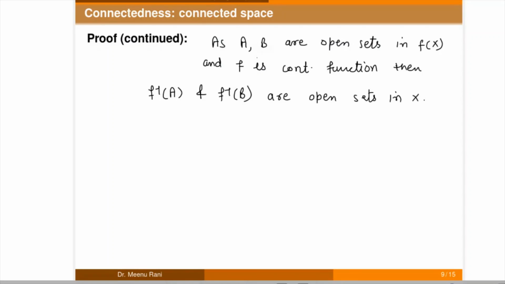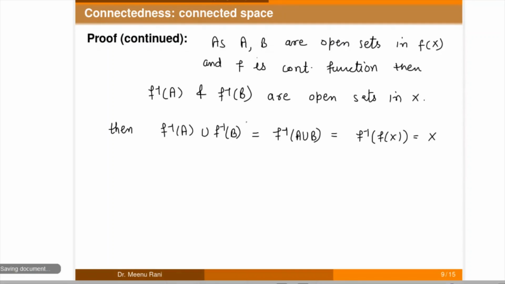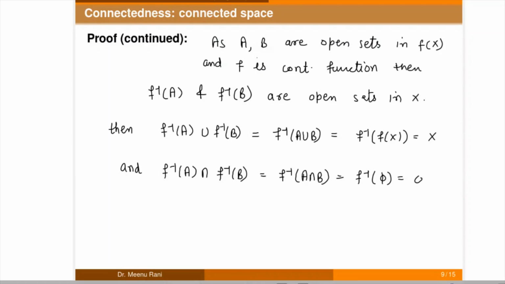Then the union of these two open sets is f inverse of A union f inverse of B, which is equal to f inverse of A union B, and A union B is f of X, so it is f inverse of f of X, and it is equal to X. So X is equal to f inverse of A union f inverse of B. And also if we take intersection of these two, it is f inverse of A intersection f inverse of B, which is f inverse of A intersection B, and these are disjoint, so it is f inverse of phi, which is equal to phi.